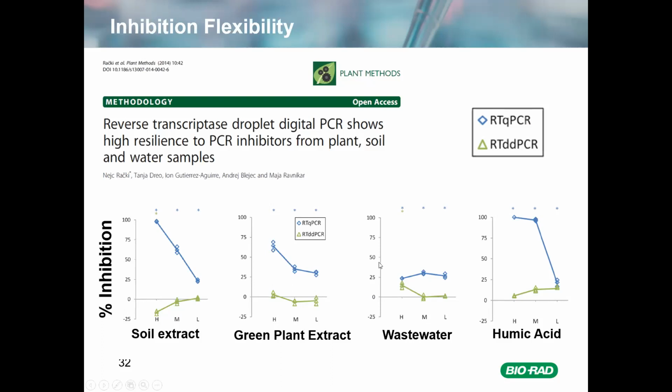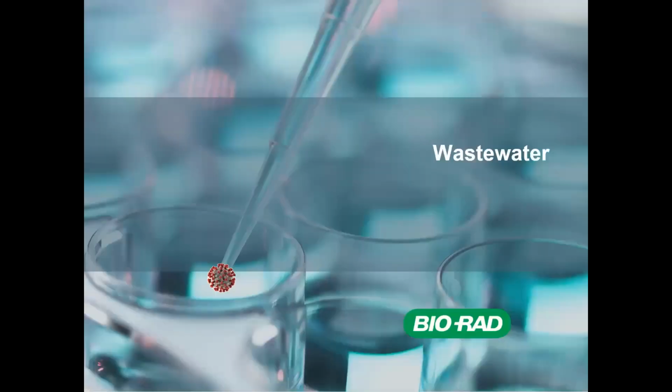In general, ddPCR is much more tolerant when it comes to inhibition. It's not that inhibition is being removed, the inhibition is still there, but because we're doing endpoint PCR, we're able to overcome that.